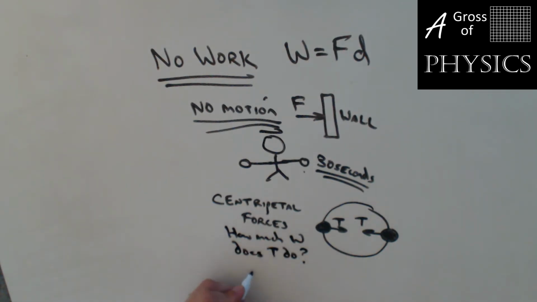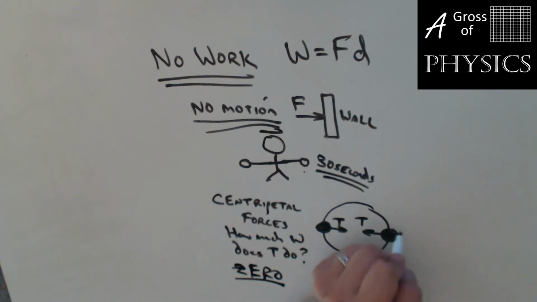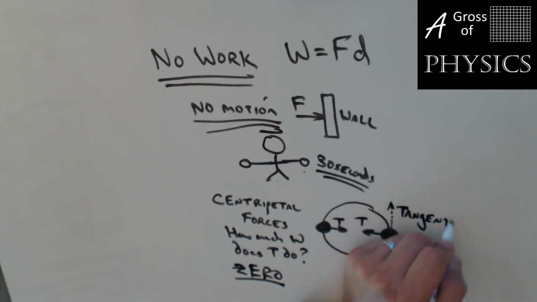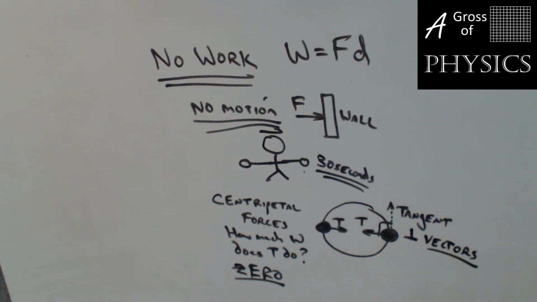And the answer to the question is strictly 0. Z-E-R-O. Now, here's why. The tension's inward, and the direction, as we know from before, is tangent. Well, how many degrees apart are tension and tangent in this case? 90 degrees. They are perpendicular vectors. So, in this case, tension in the rope is going to do no work.